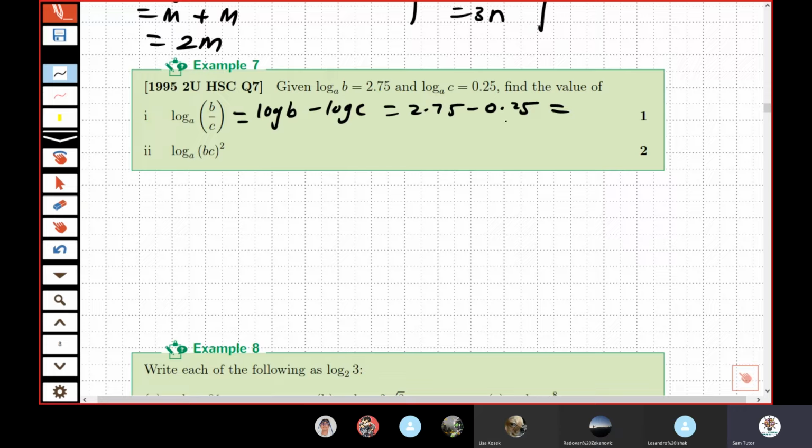Just be careful. Because that's another thing. We will be logging numbers soon, but this one is actually log of B, where B is 2.75. And if I include the A's, all it would look like is this: log B sub base A minus log C sub base A equals 2.75 take away 0.25 equals 2.5. Lisa, that makes sense, right?